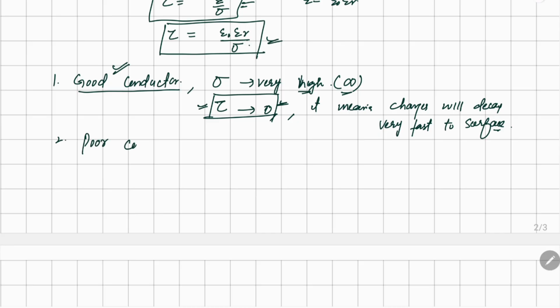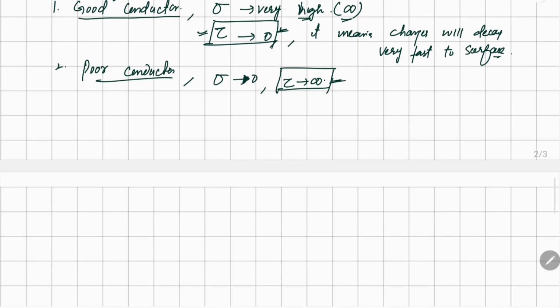So what is a poor conductor? A poor conductor is obviously sigma tends to 0. Conductivity is very low, or this characteristic time is infinite. It takes a very large amount of time to move the free charges, or the momentary charge imbalance in a conductor, to the surface.